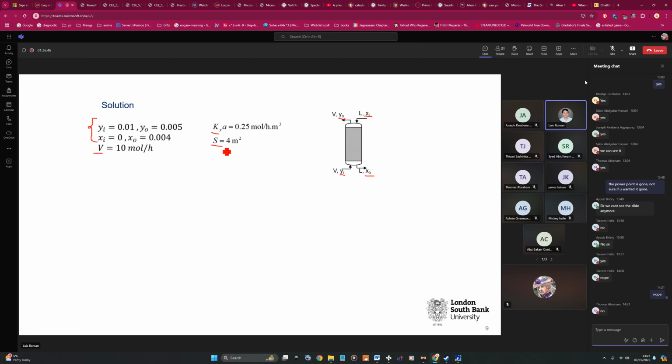So again, we need to find height. The height is NTU times HTU. Let's say we can calculate NTU first.